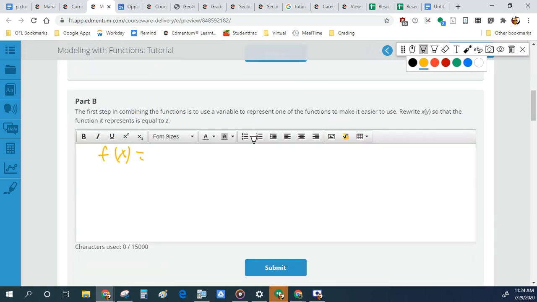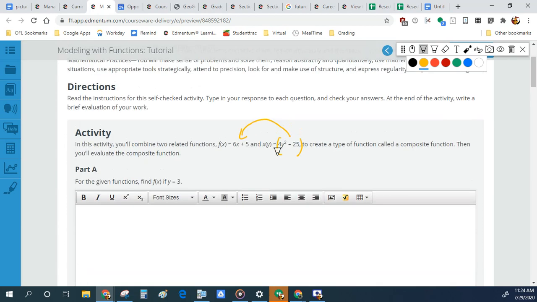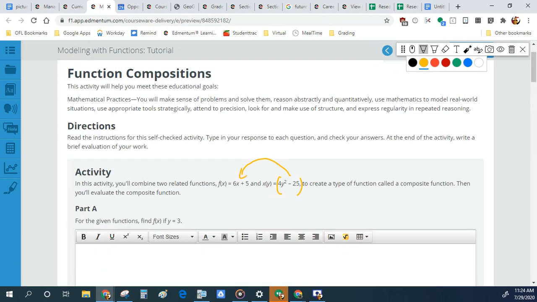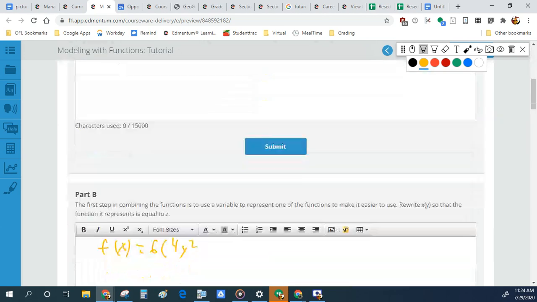In this case, it's going to be 6 parentheses, because it's 6x plus 5. Instead of that x, we're going to write 4y squared minus 25.